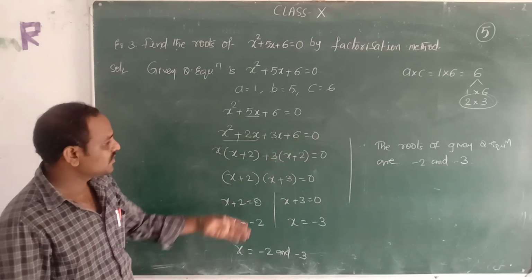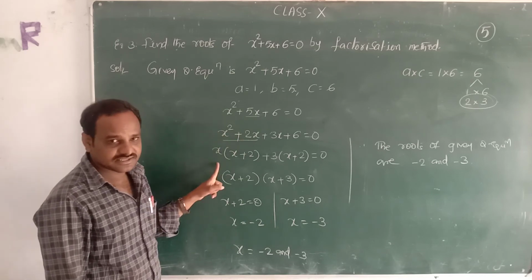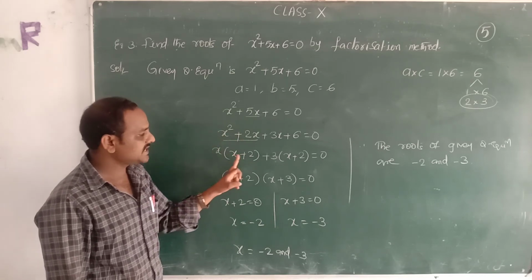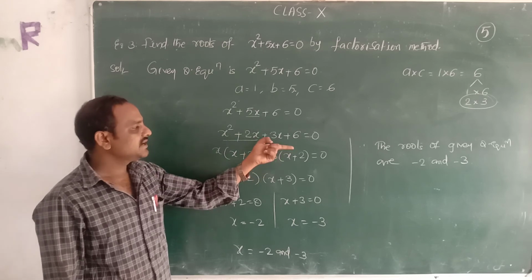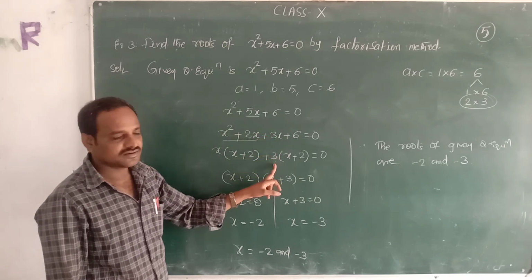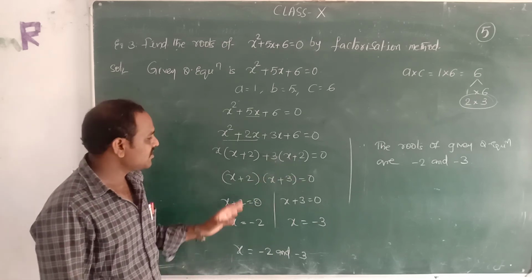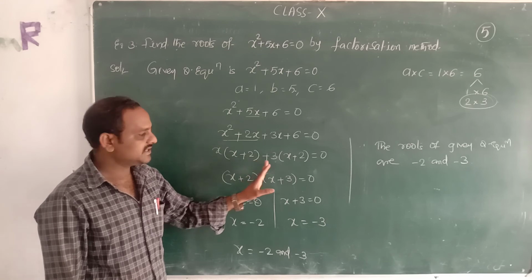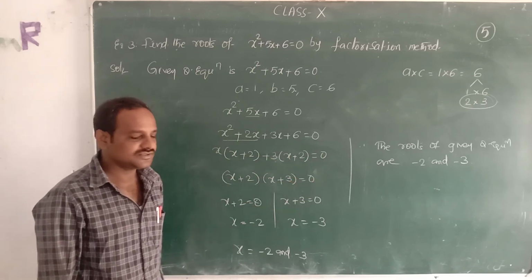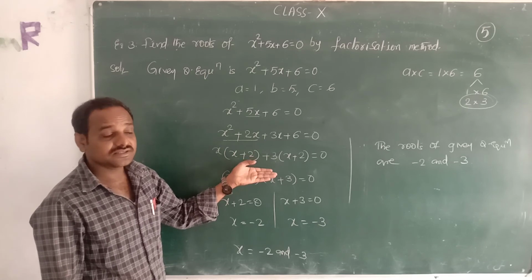We wrote this quadratic equation in the form x square plus 2x plus 3x plus 6 is equal to 0. So from the first 2 terms we took x as common, then the remaining terms are x plus 2. Similarly, from the next 2 terms 3x plus 6, we took 3 as common, then the remaining terms are x plus 2. So we got x into x plus 2 plus 3 into x plus 2 is equal to 0. These 4 terms become 2 terms.